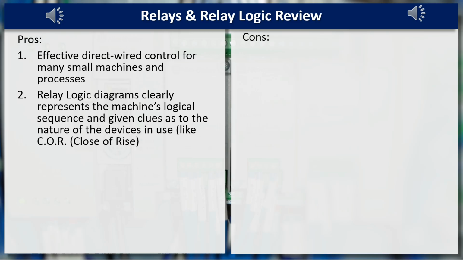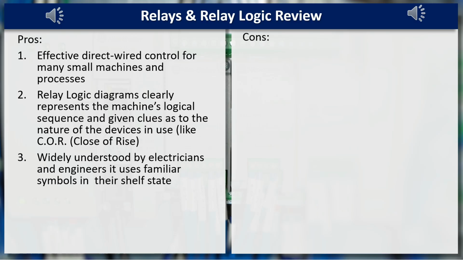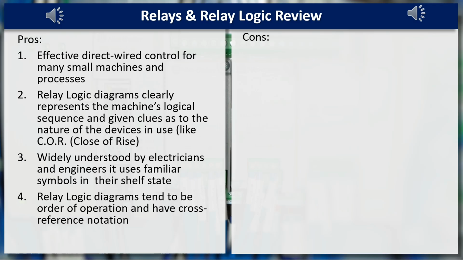Some also provide the intended change condition, like contacts closing on rise. Three, relay logic is still widely understood by electricians and engineers, and uses familiar symbols. In their shelf state, relay logic diagrams tend to be designed for order of operation, and have cross-reference notation for quick lookup during troubleshooting.